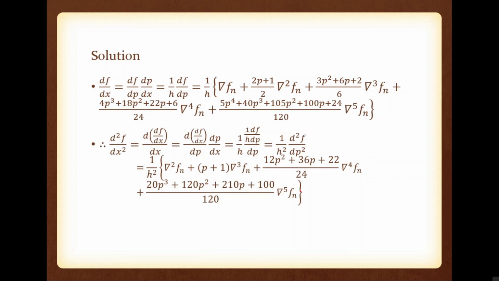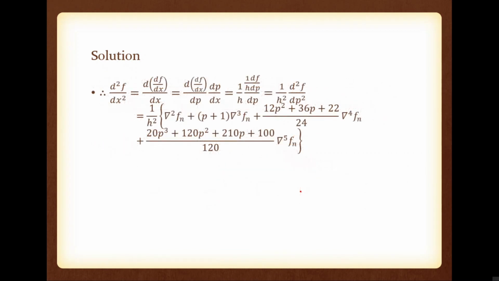So now we have p equal to 0 because x equal to 6, so p equal to 0. So as p equal to 0, this d square f by dp square will become, we can remove these p terms. So we have 1 by h square into del square fn plus del cube fn plus 11 by 12 into del raised to 4 fn plus 10 by 12 into del raised to 5 fn.